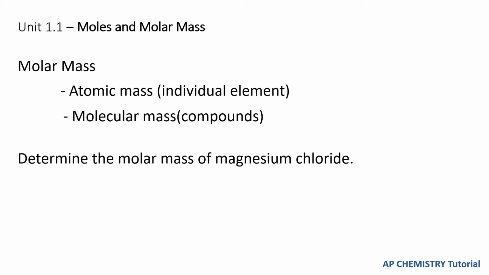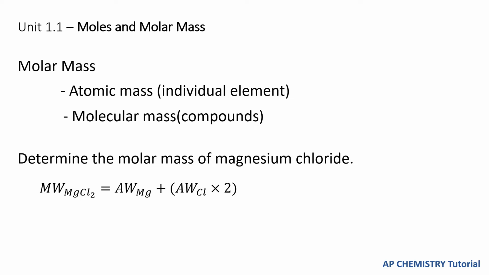First, we have to make sure that our chemical formula is correct for us to determine the correct molar mass of a substance. The chemical formula for magnesium chloride is MgCl2, and to determine the molecular mass, which is the molar mass of our substance, we simply add all of the atomic weights of all elements involved in the compound magnesium chloride.